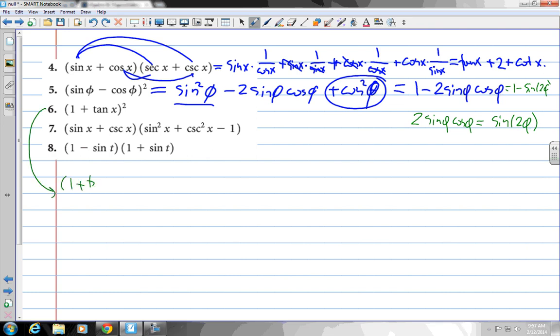1 plus tangent x quantity squared. So we can use the same formula, right? So that becomes 1 plus 2 tangent x plus tangent squared x. So every time you see tangent squared and you see 1, that should also trigger something.